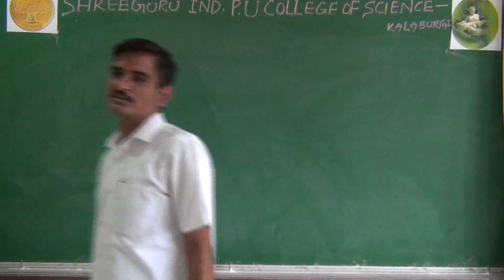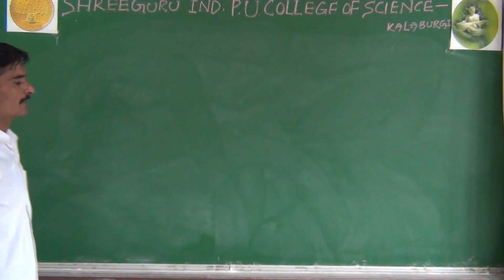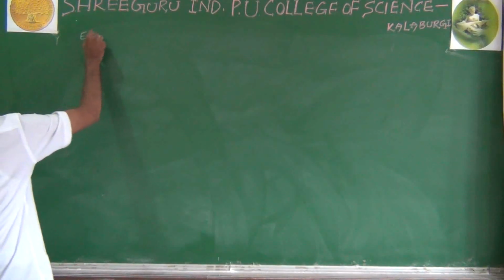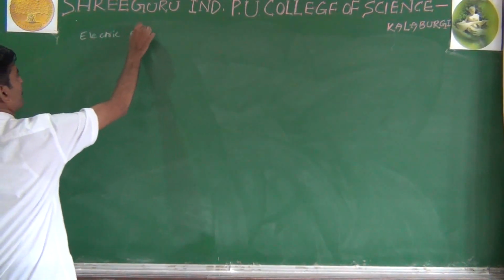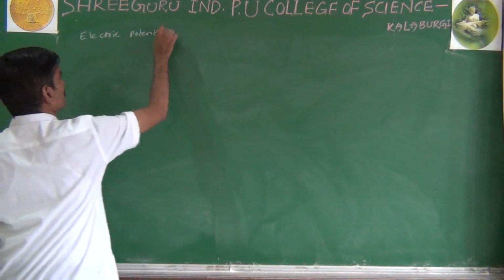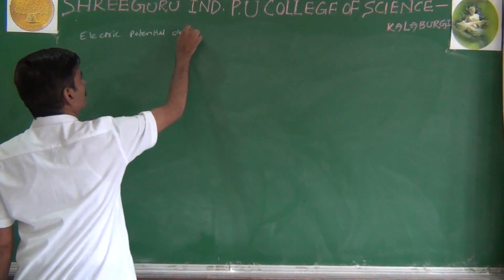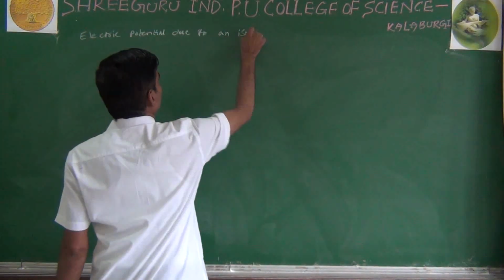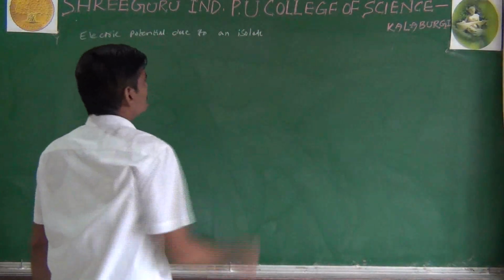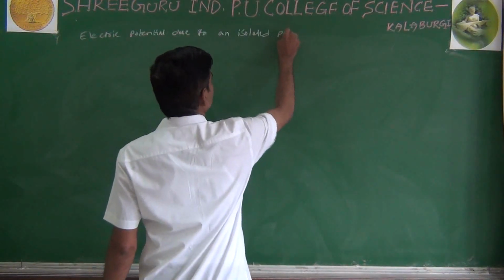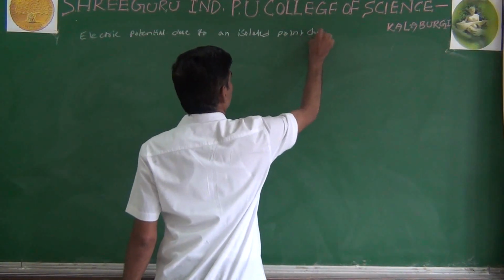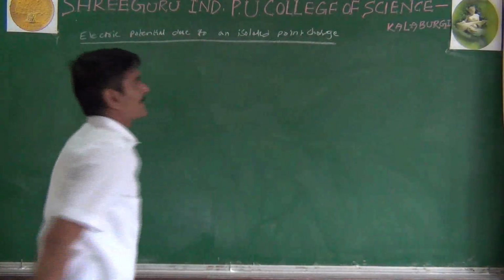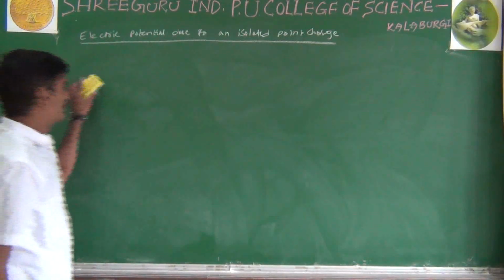How much will the electric potential be? So the simplified formula for electric potential due to an isolated point charge. An isolated point charge means a static, separated point charge.